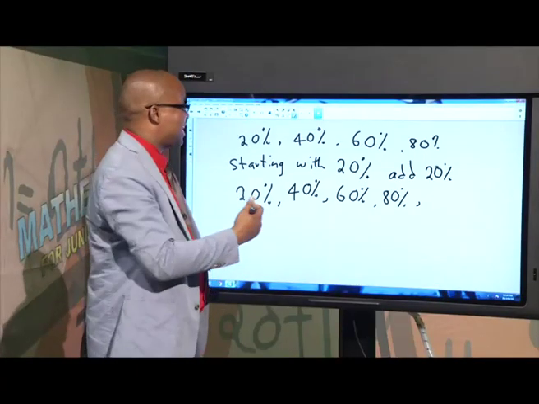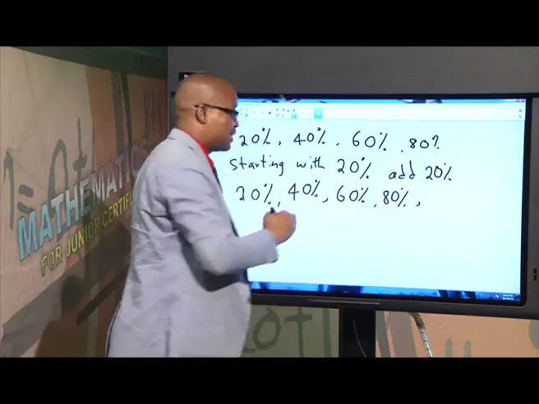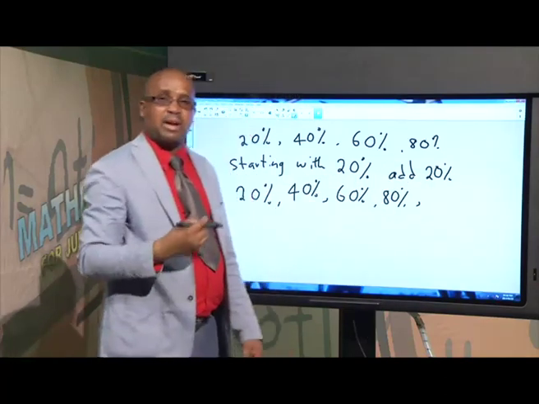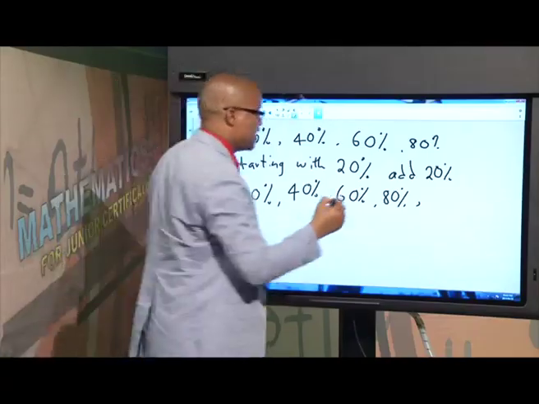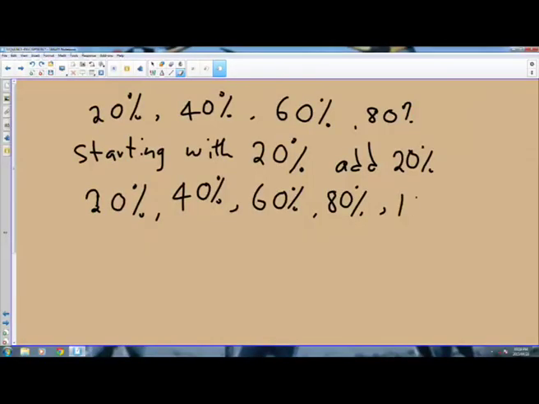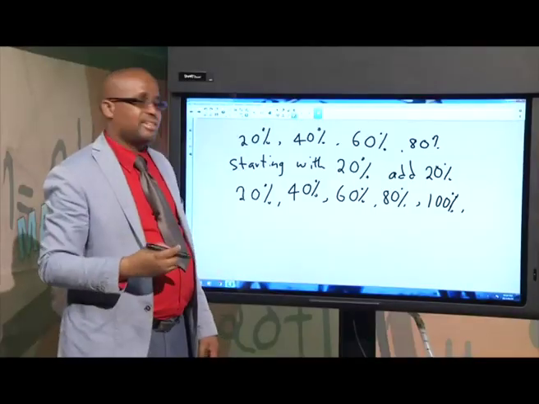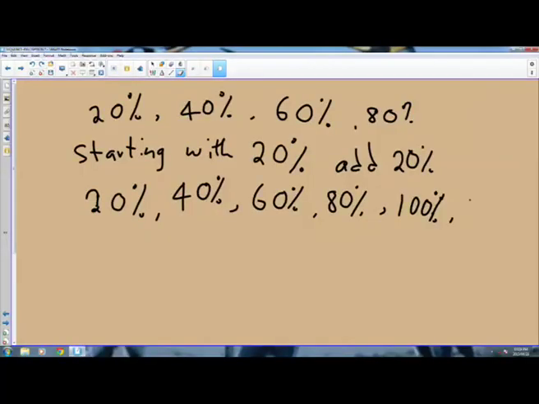Remember, every time you add 20% to the previous term. So it's 80% plus 20%. This gives 100%. And then what will be the last term? It's 100 plus 20, giving 120%. This is how we form a sequence in percentages.